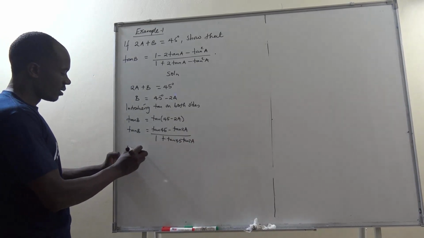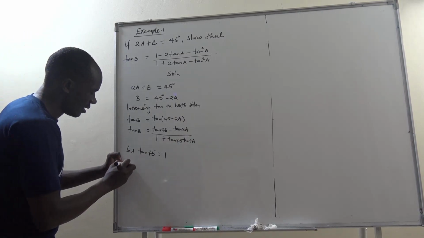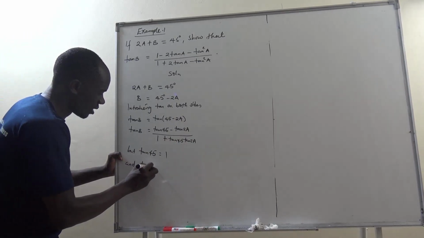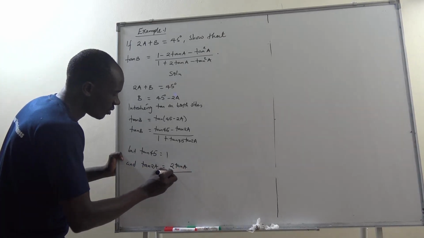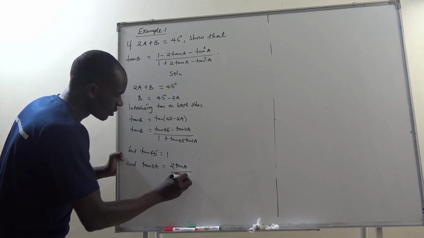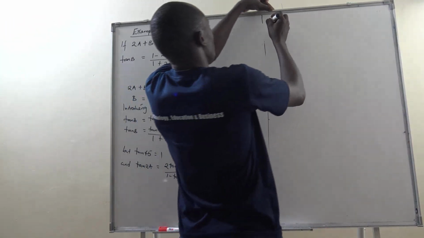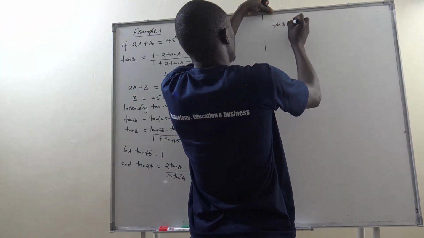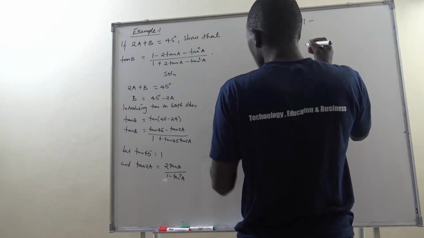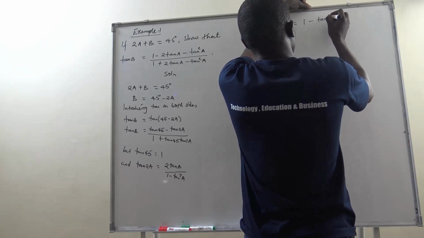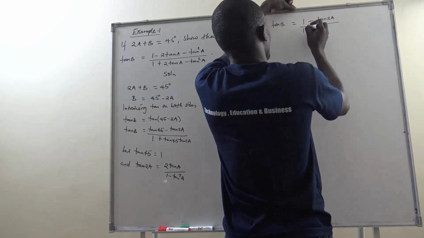But tan 45 equals 1, and tan 2A we derived is 2 tan A all over 1 minus tan squared A. So we are going to substitute those in. We have tan B equals, do we know the tan of 45 is 1, (1 minus tan 2A) all over (1 plus tan 2A).